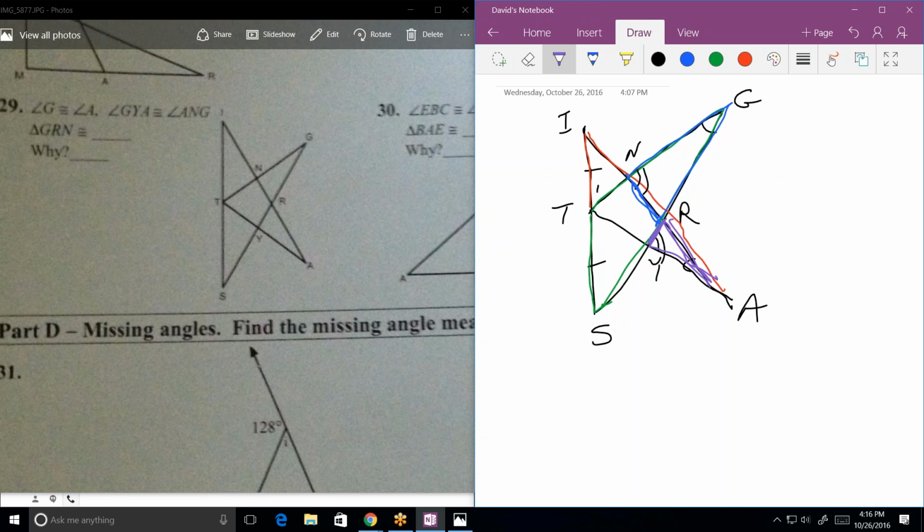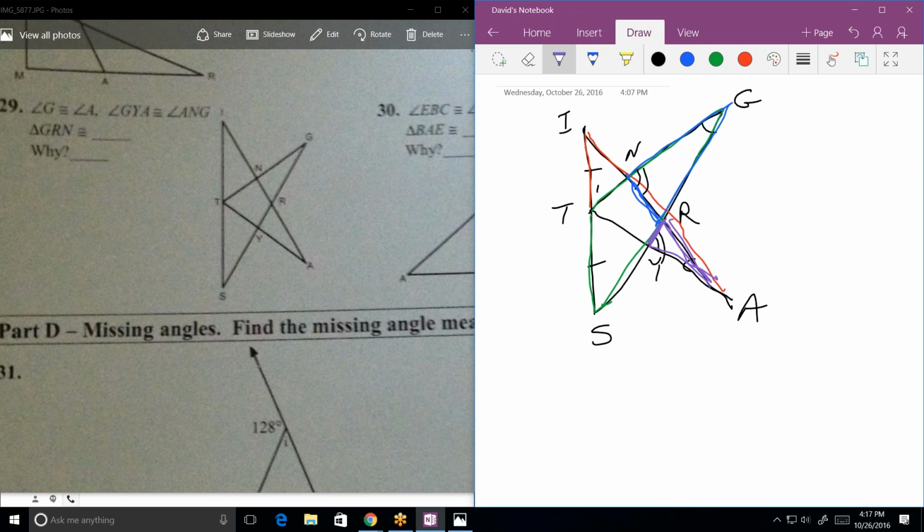Now my drawing certainly doesn't make it look like they're congruent, but they've given us 2 angles. Then we do happen to know that the third angles are congruent also, right? In other words, the third angle here is a vertical angle with this. So we have 3 equal angles.